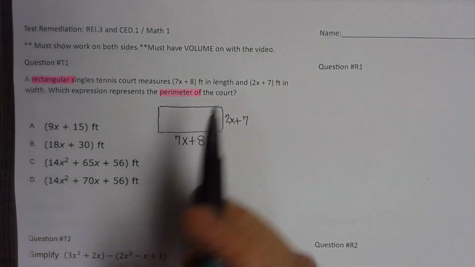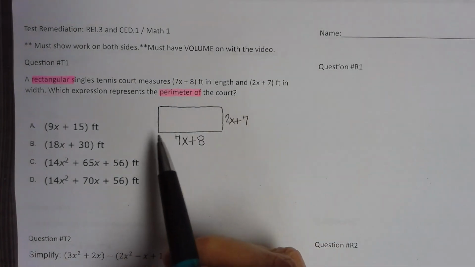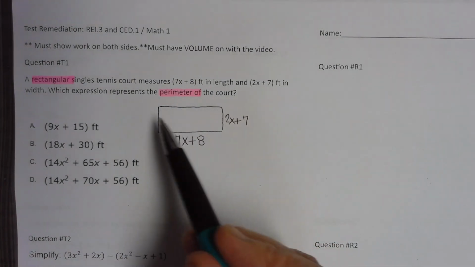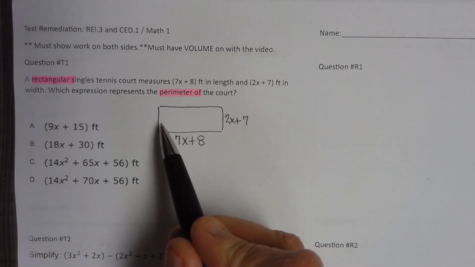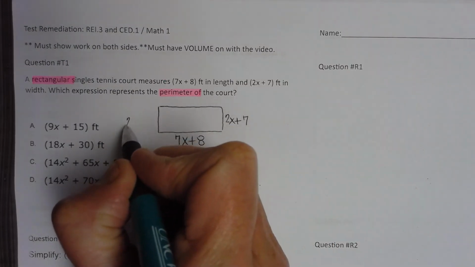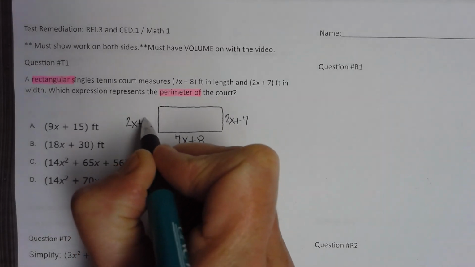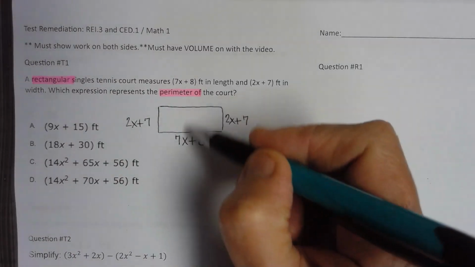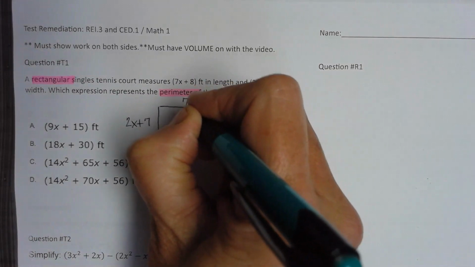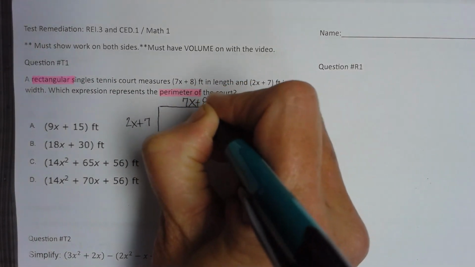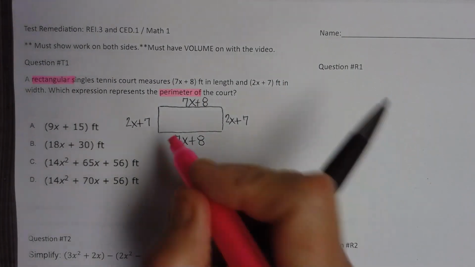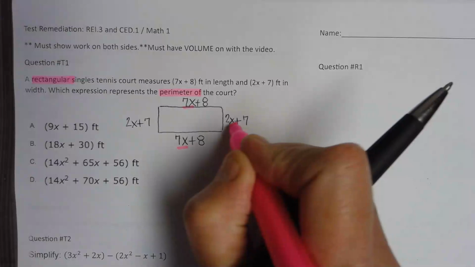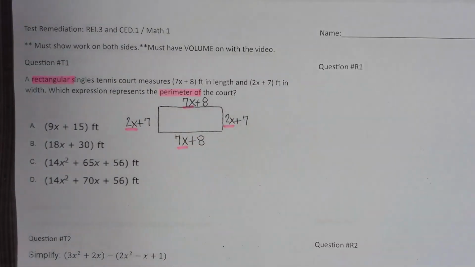In order to find the perimeter, we add up all the sides all the way around. So we're missing two sides. Well, with a rectangle, opposite sides are the same. So this side is 2x plus 7, and this side is the same as this side, 7x plus 8. Now we're going to combine like terms. We've got 7x and 7x, 2x and 2x.